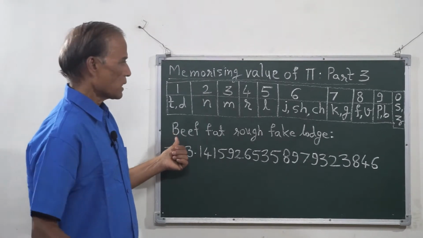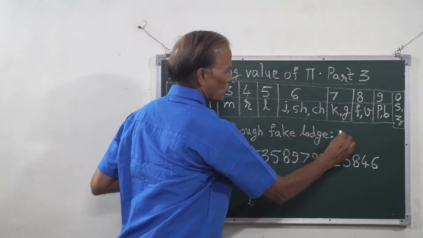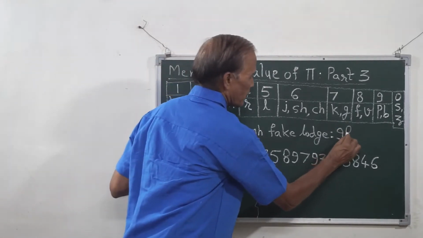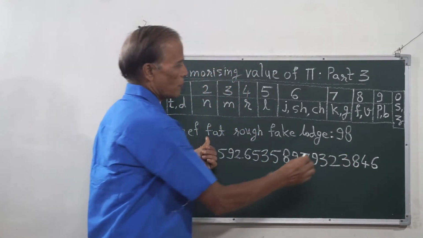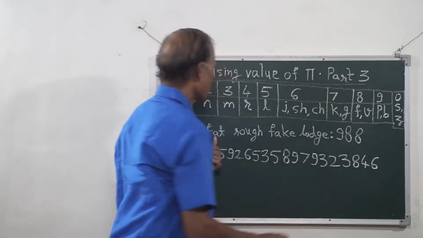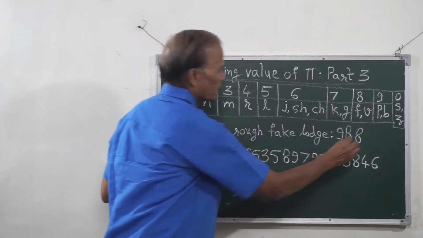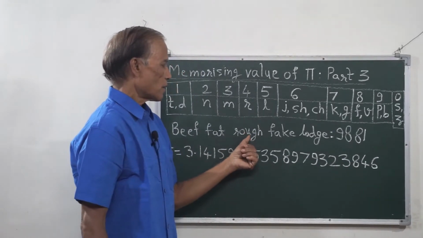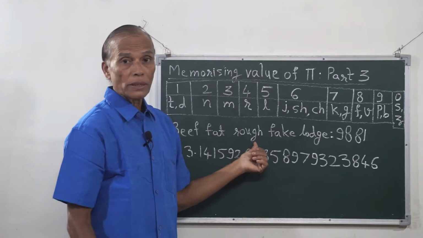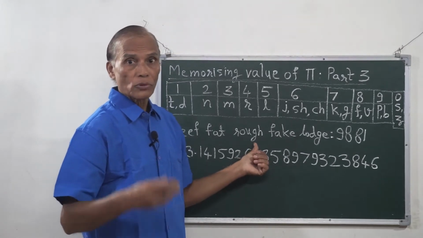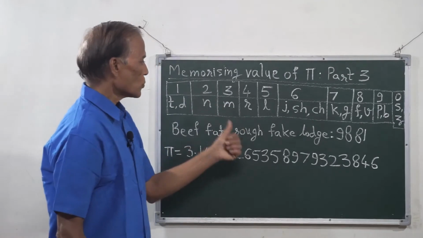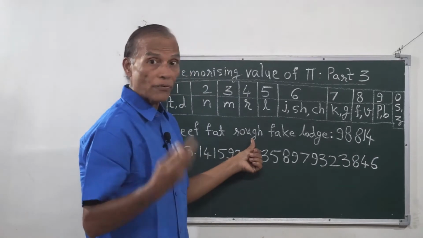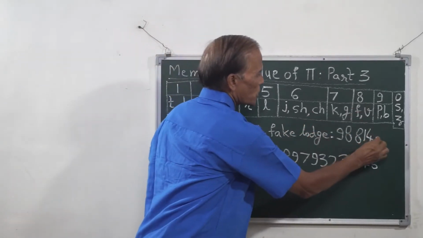We have B for 9, F for 8, then again F for 8, then T is for 1, rough. Now you see here, actual letters are GH, but they sound as F, rough. So it is a sound of F. So R sound gives us 4, and here it is F sound, that gives us 8.